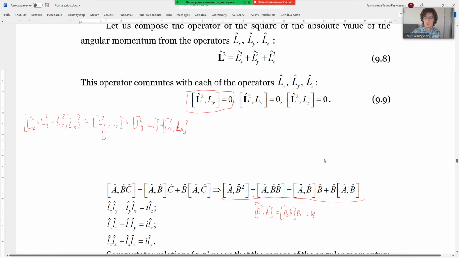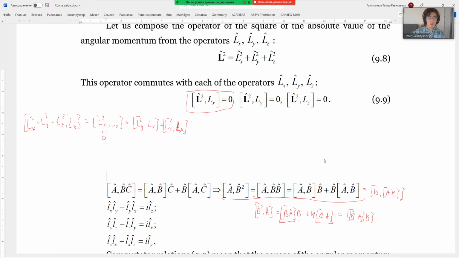Actually, you can write it in that way: B commutator with A, B, equals BA commutator with B, because you see that's one operator, that's the second operator, so it's a mutual commutator.